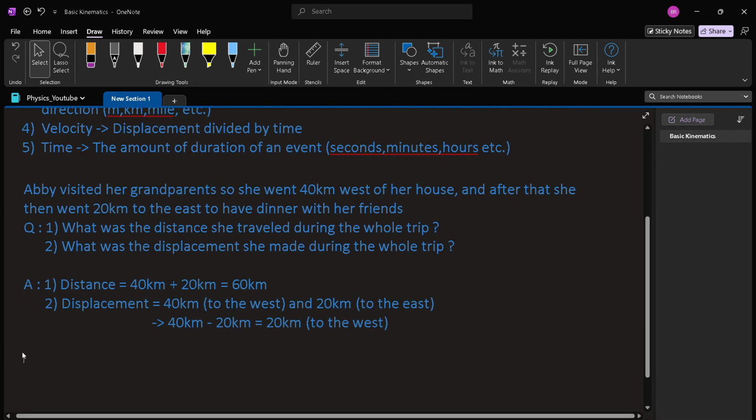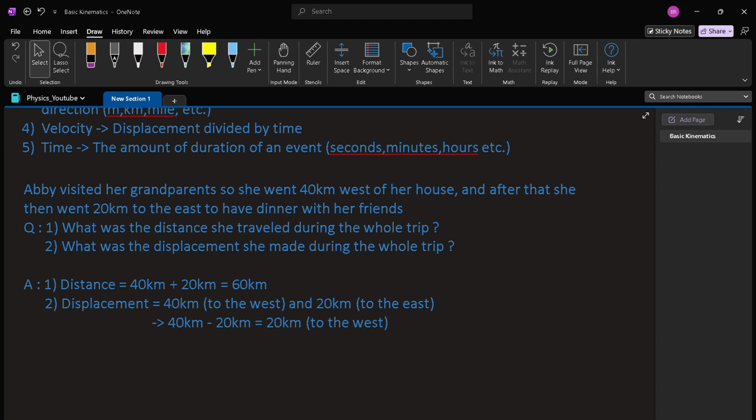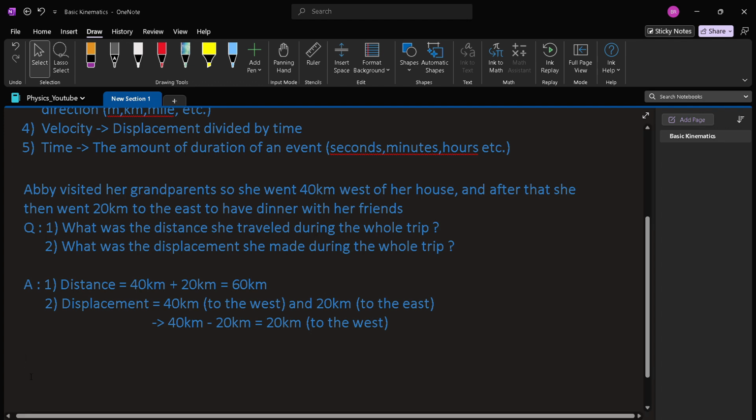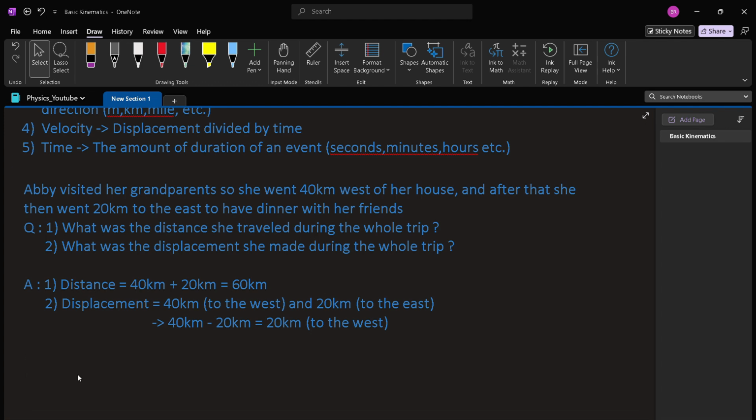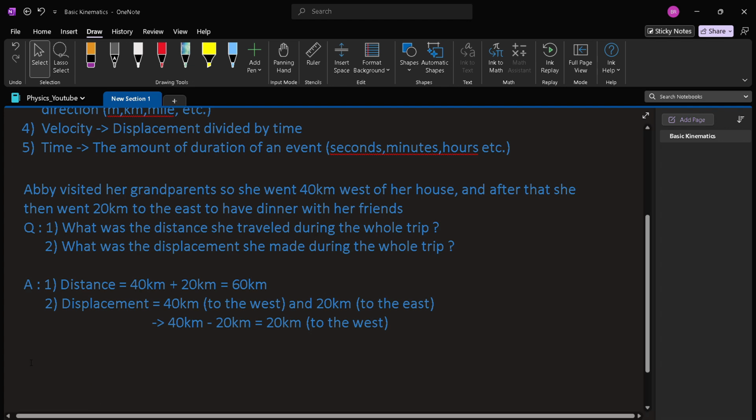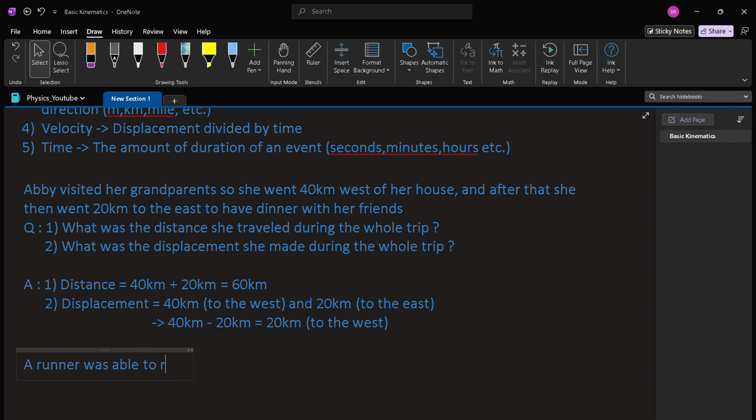I'm going to give you another one, which gives us a better understanding of the difference between speed and velocity. For example, a runner ran a 400-meter lap in 100 seconds.